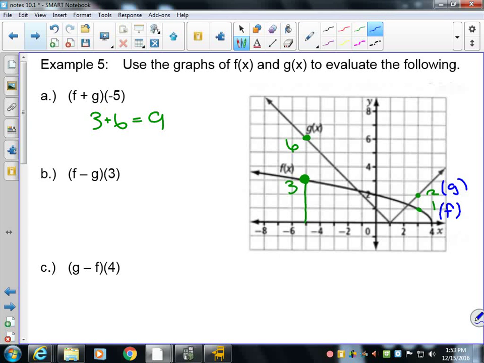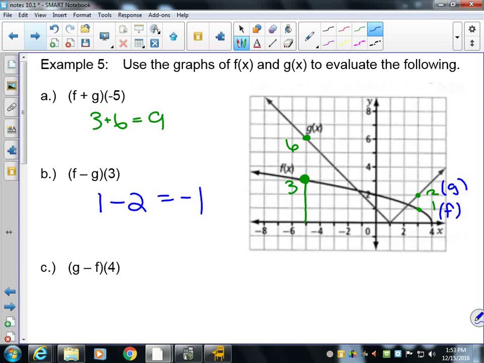And so this is where you have to be careful. It says f minus g, so I'm going to write 1 minus 2. If it said g minus f, I'd write 2 minus 1. Right? So you have to follow order. 1 minus 2 is -1.